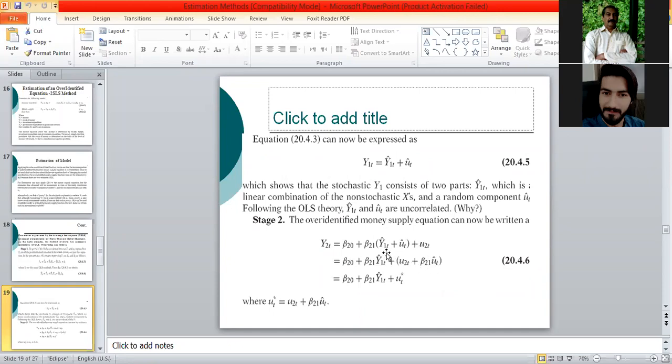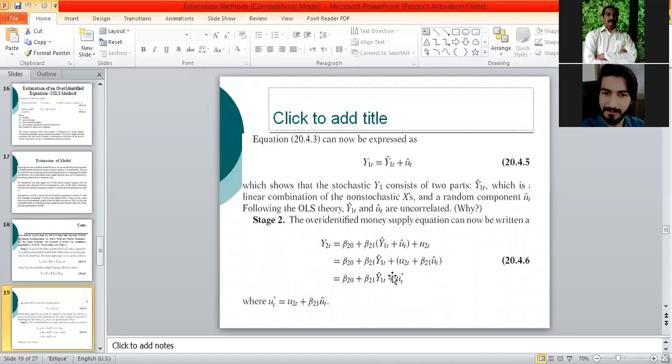If you open this, you have beta 21 Y1 hat plus beta 21 U2 plus U1. So U1 plus beta 21 U2 becomes one term, and that is U star. This is the one error term.